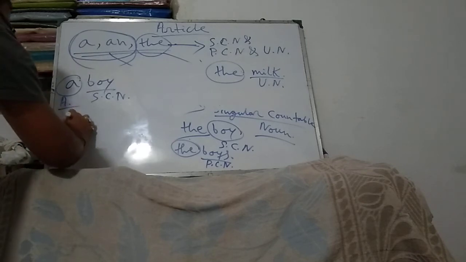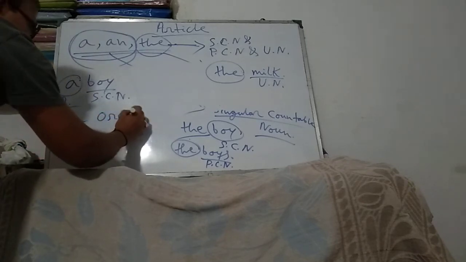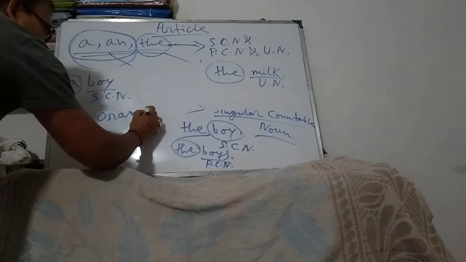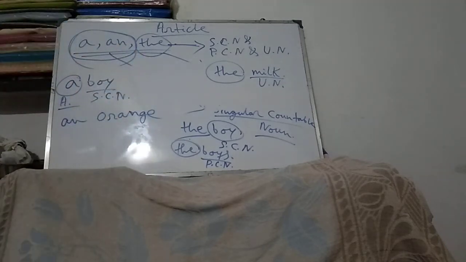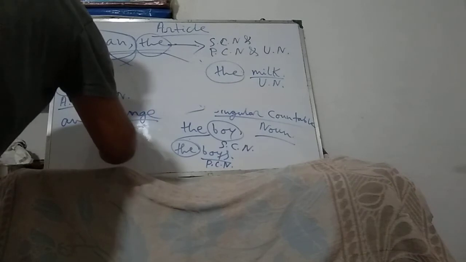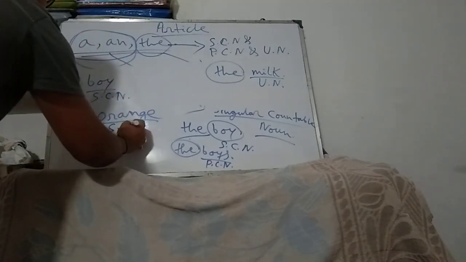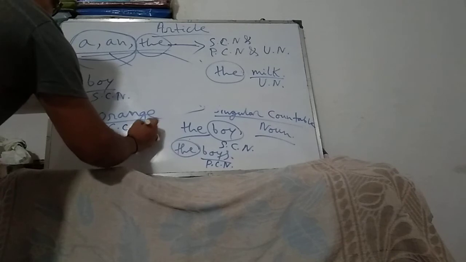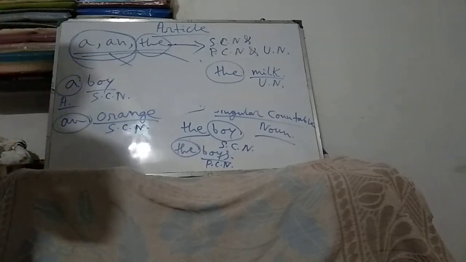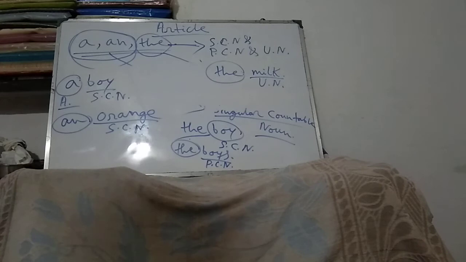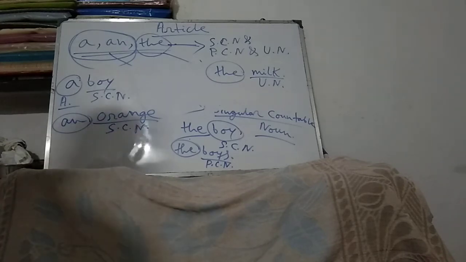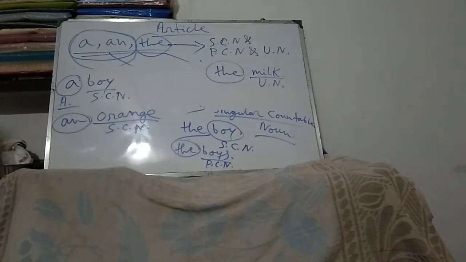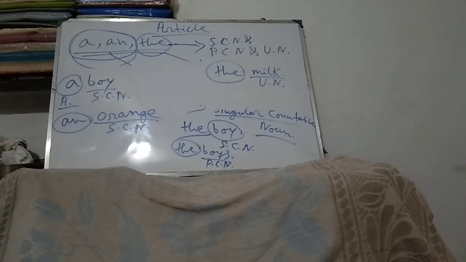Similarly, an orange. Here orange is also singular countable noun and an is used here. That means a or an indefinite article can be used only before a singular countable noun. Now we will go to the details of using a, an and the.